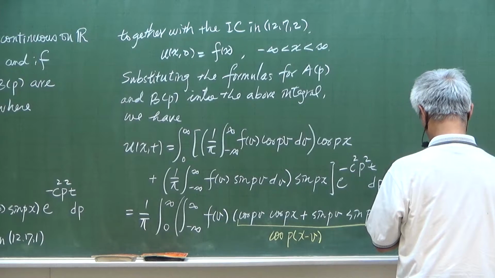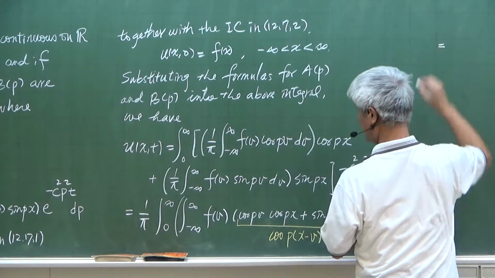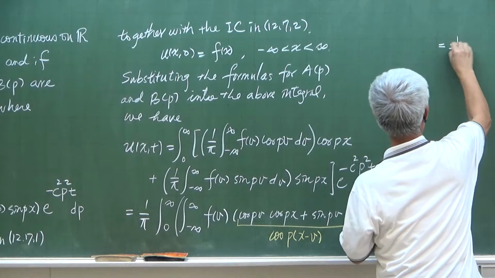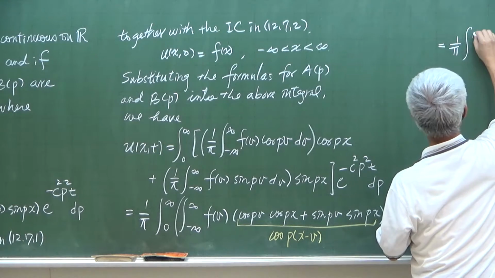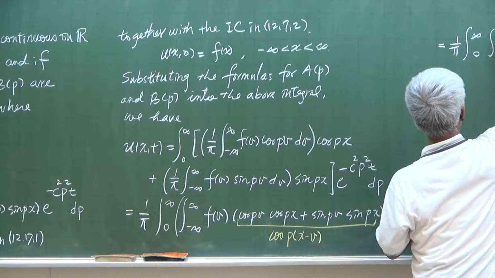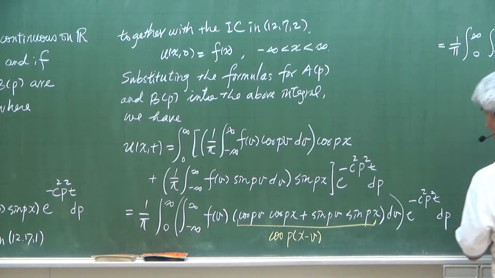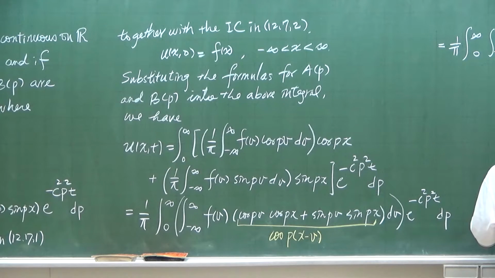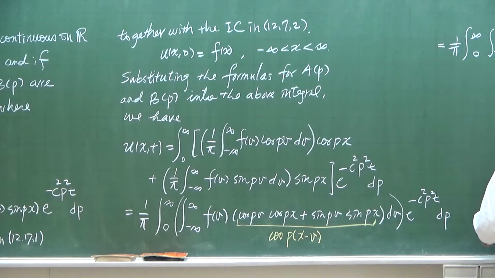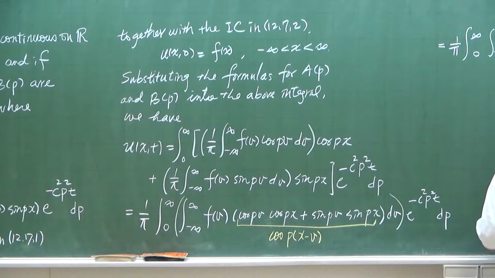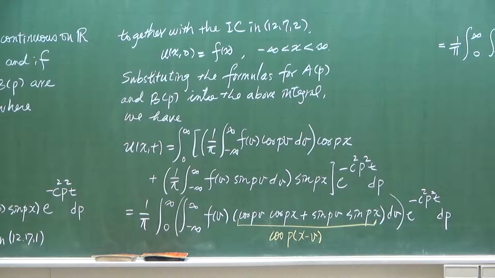So we have 1 over pi, f(v) cosine p(x minus v), and we can write the exponential. Right, so we have that.